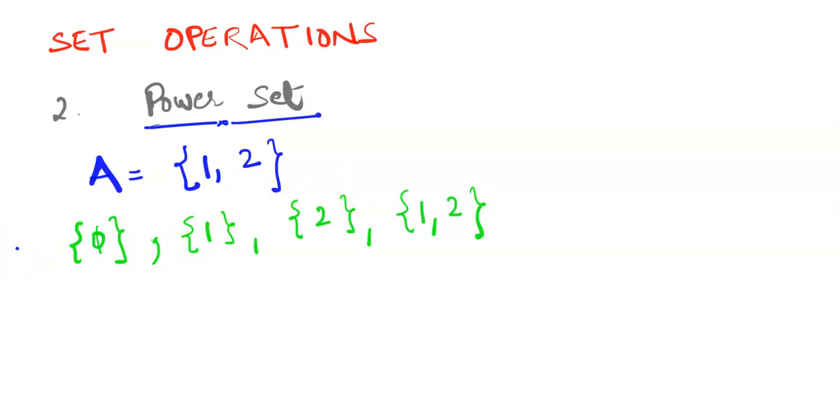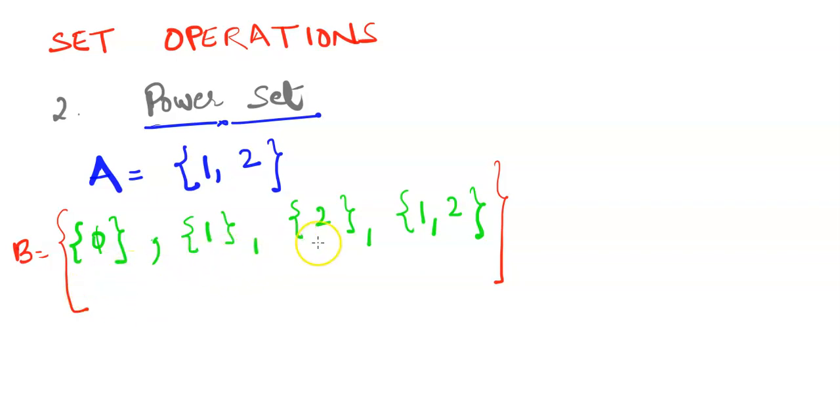Now we make another set B, which contains all of these. So all possible subsets of A are in B. So B is a collection of sets.